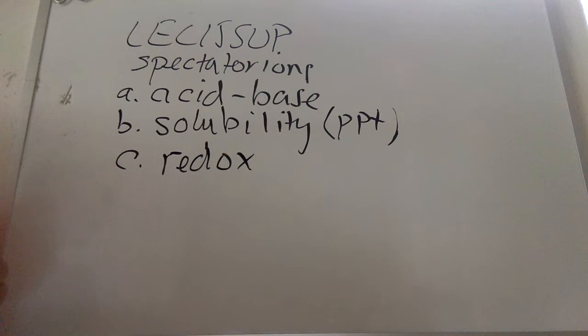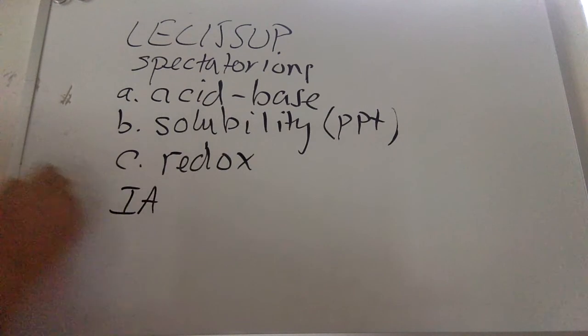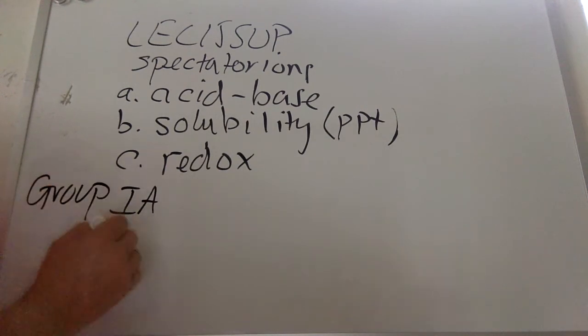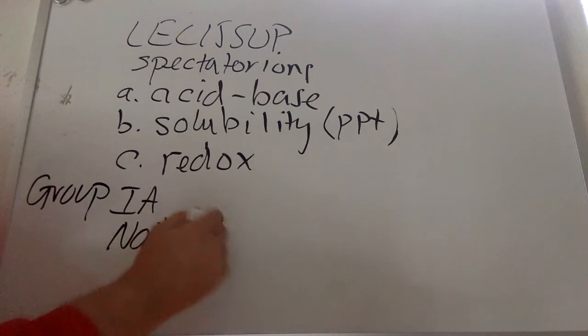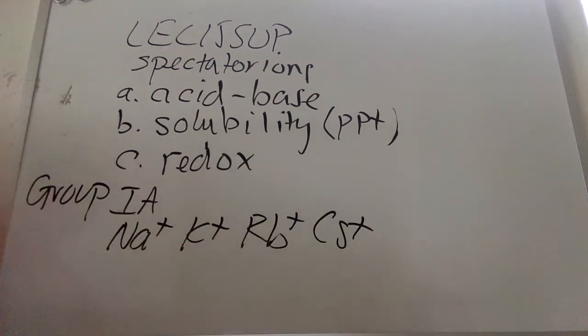The most common of these are the group 1A, which includes sodium ion, potassium ion, rubidium ion, and cesium ion. In all three of these cases, the alkali metal cations are spectators.